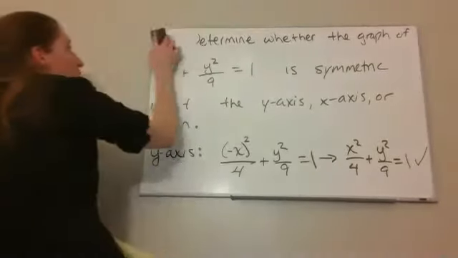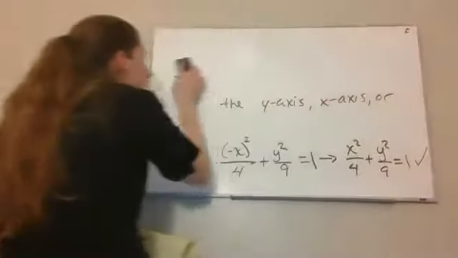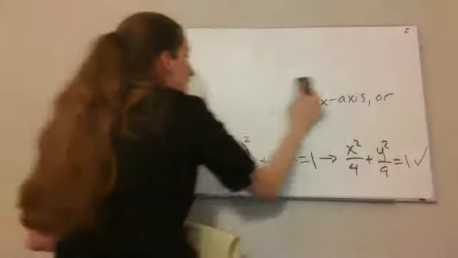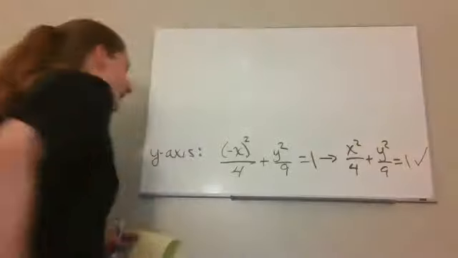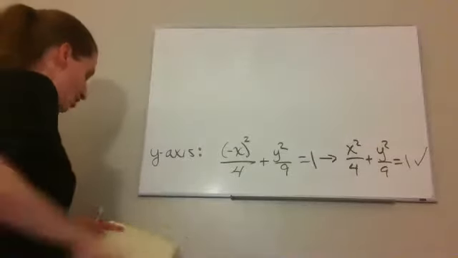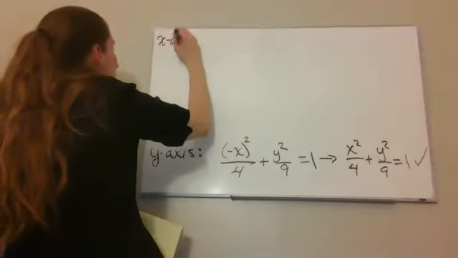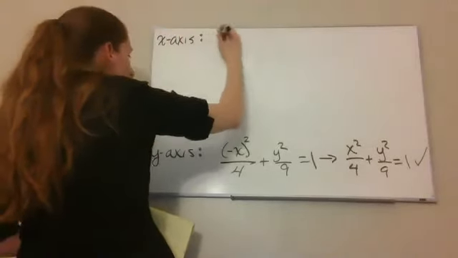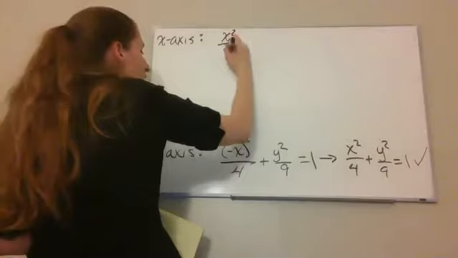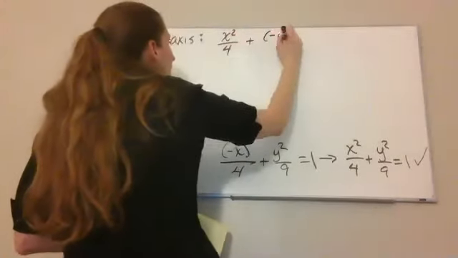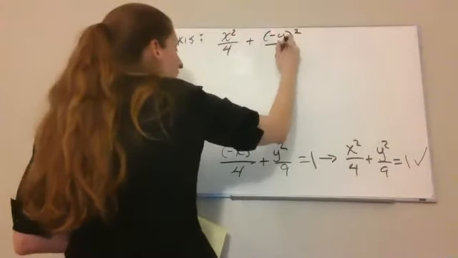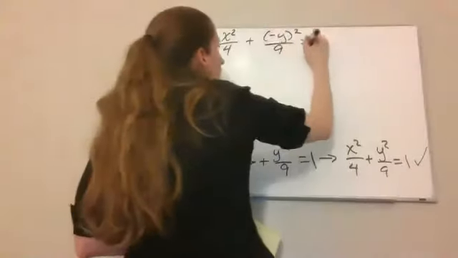Now let's try it with respect to the x-axis. We need to test this by changing all of my y's to negative y. So I get x squared over 4 plus negative y in parentheses squared over 9 equals 1.